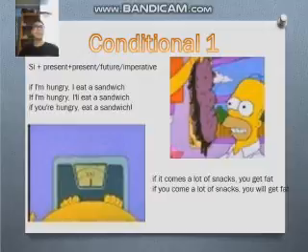Negatives are made with will not or the short form won't. If he calls me, I won't answer. If I fail the test, I won't finish university. If you eat something now, you won't be hungry later.